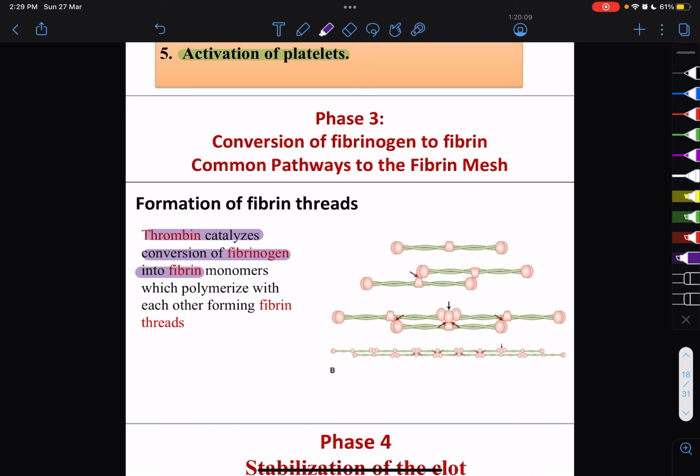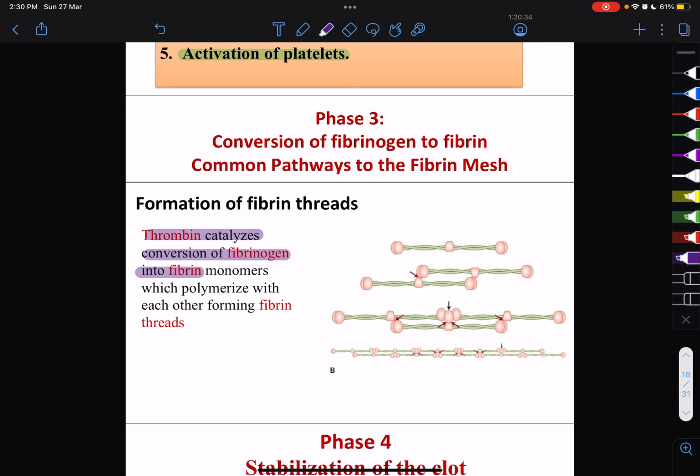So just like that, if that net is made in the blood and the blood is passing, what will you catch in that? RBCs, you will catch white blood cells, you will catch platelets, you will trap some plasma also, because some water is also caught in the net, isn't it? That's why plasma is also trapped, and in the clot you have everything like that. Okay? So it's kind of a net which is formed powerfully.